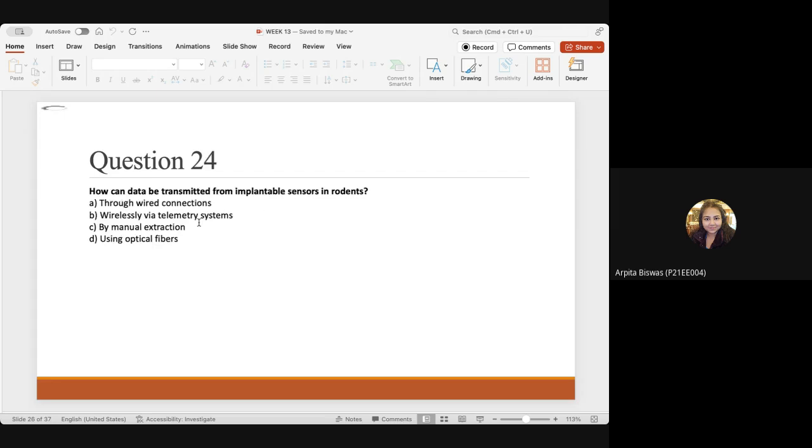Question number 24. How can data be transmitted from implantable sensor in rodent? First option, through the wired connection. Second option, wirelessly via telemetry system. Option C, by manual extraction. And option D, by using the optical fiber.